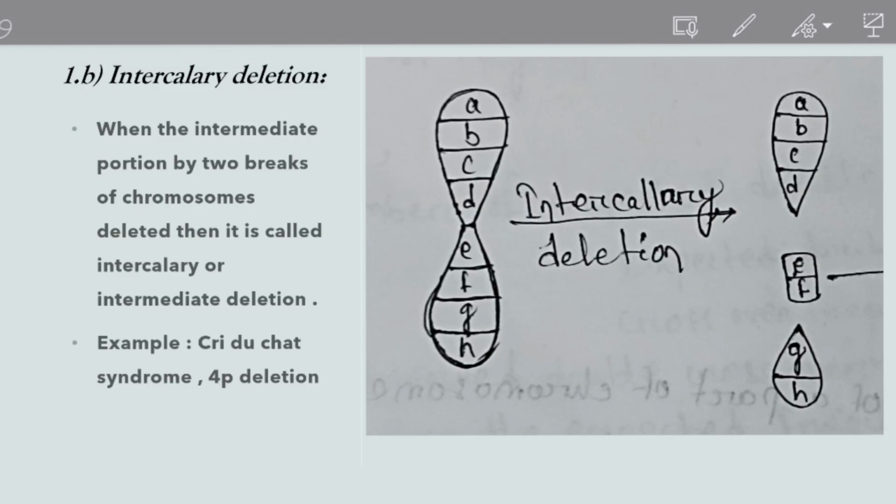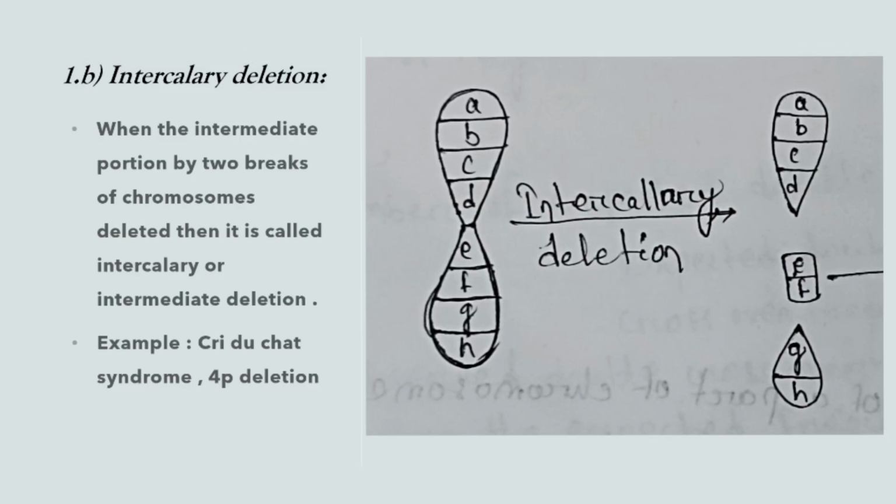Then intercalary deletion. When the intermediate portion of a chromosome gets deleted, it is called intercalary deletion. Here the deletion takes place on the arm, not at the terminal position but at the intercalary position.